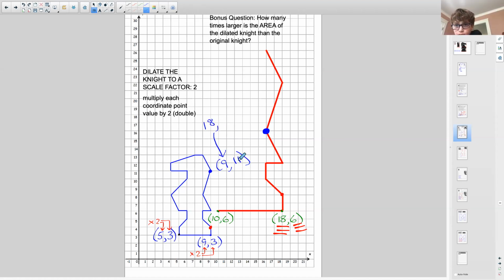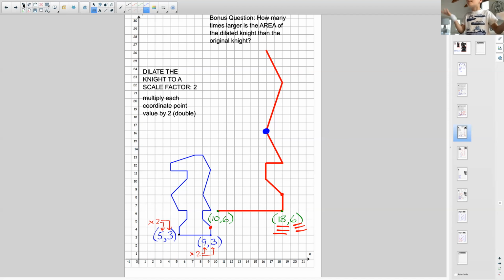And if you double the 11, what do you get? 22. And therefore, you want to find point 18, 22, which is right over here. Does that help? Yes. All right, awesome.